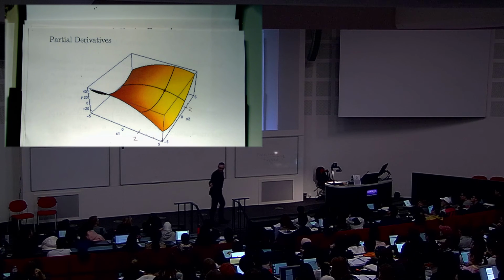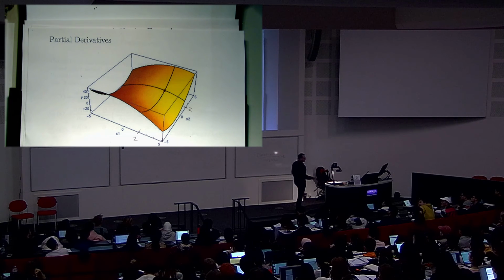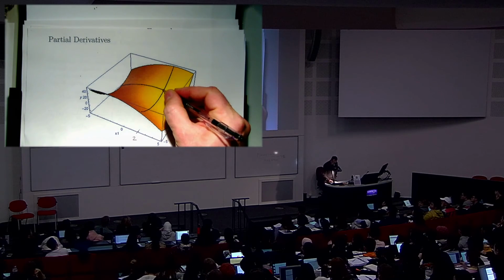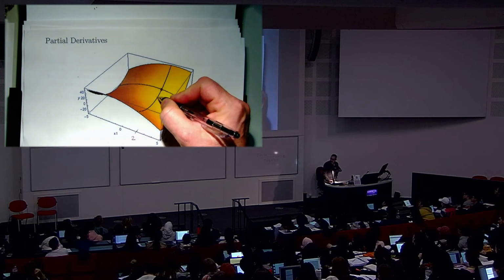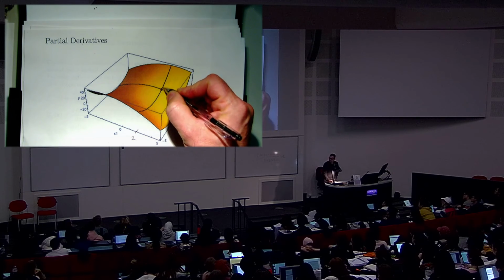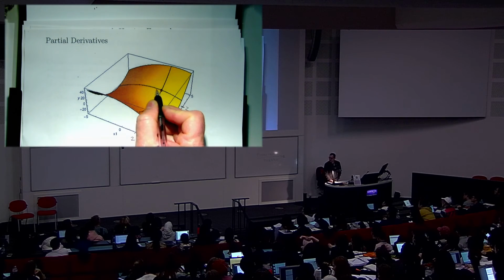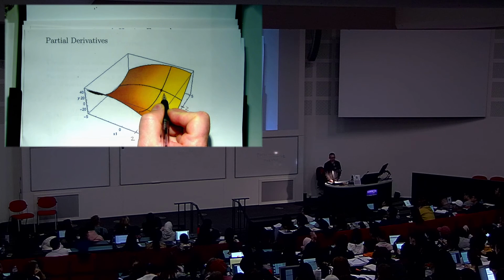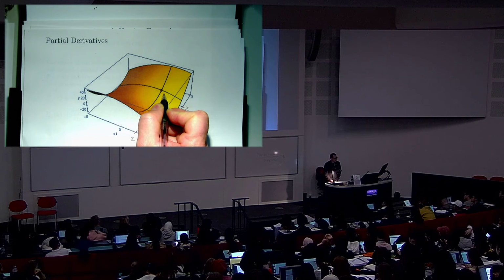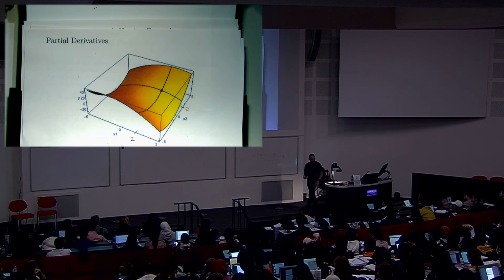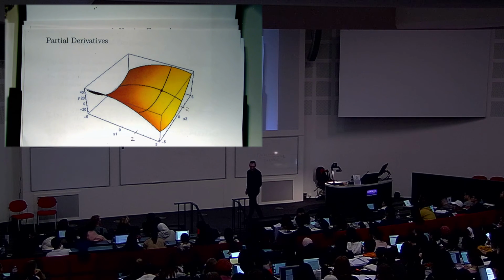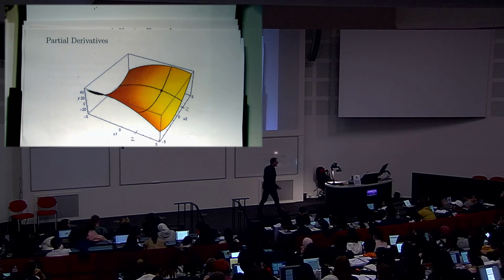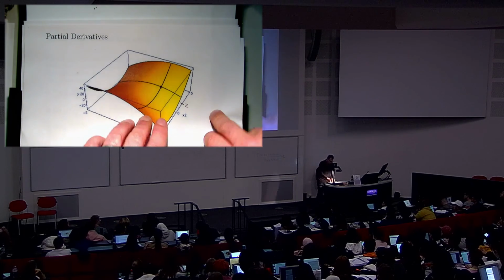So we have one view here that this function at this point is convex. And if you look in this direction, it looks convex. But what if you look in this direction? It looks concave. So the question of whether something is convex or concave becomes much more complicated, and that's why we need new techniques.